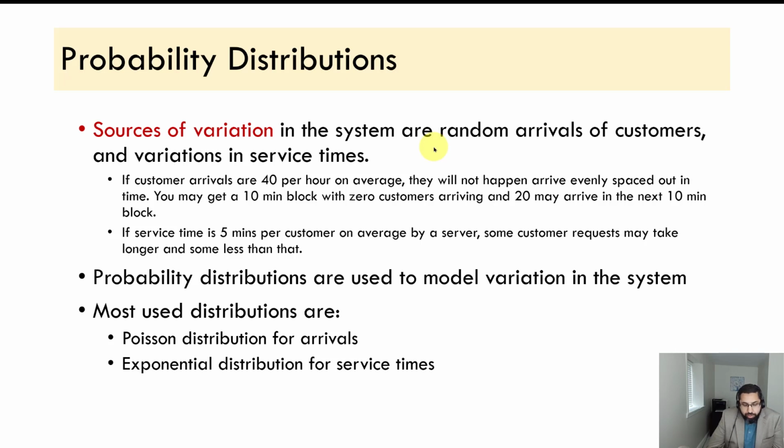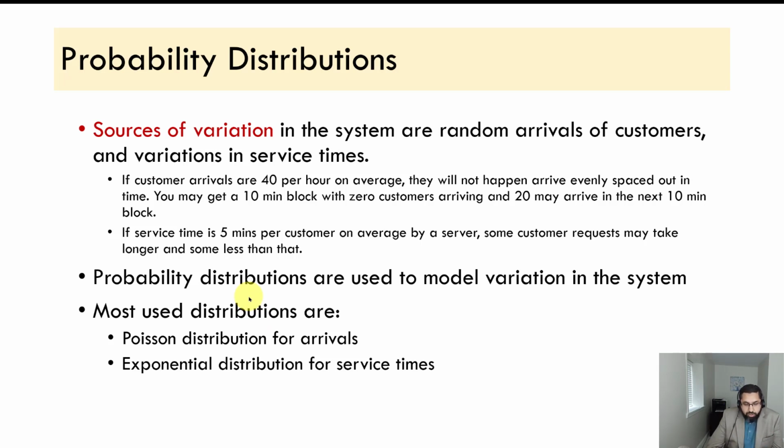The second source of variability is that different customers require different amounts of service time. Somebody buys 10 items from Walmart, somebody buys 50 items from Walmart, right? So they take different amounts of time to check out, and so you have service time variability. The most common way we model the variability is we say the arrivals have a Poisson distribution, so the number of people arriving in a given amount of time is random and Poisson distributed.